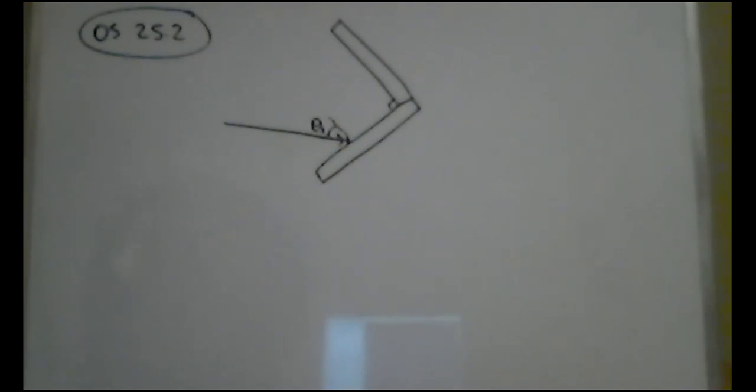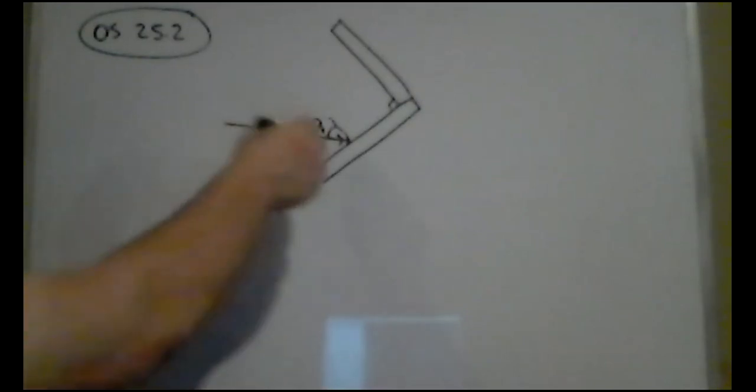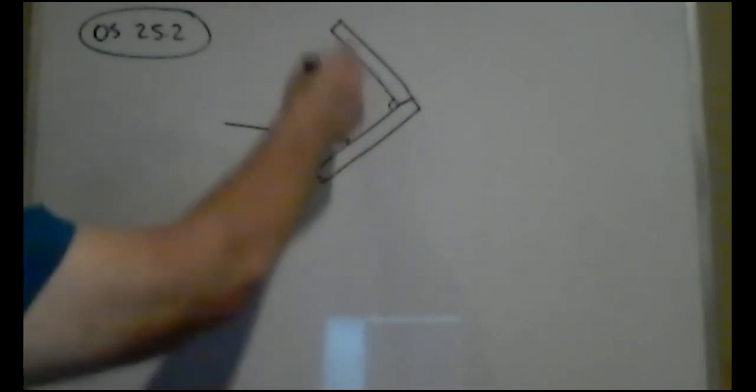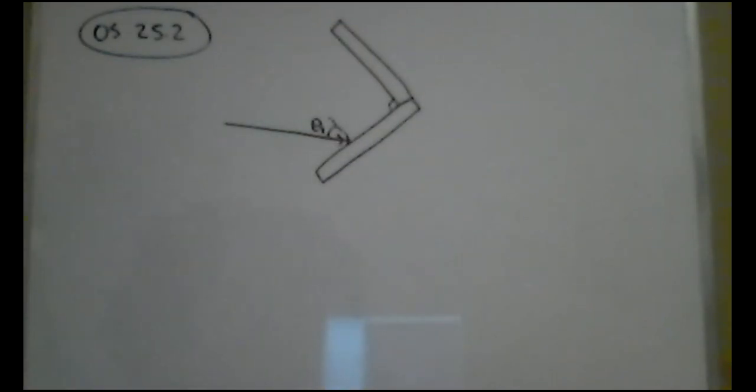Now, what do I know? Well, I have a ray that's coming in. Mirrors are pure reflectors. Nothing's going to get through. It's all going to be reflected. What does Hero's law tell me? Well, first of all, Hero's law tells me that the angle of reflection is the same as the angle of incidence.